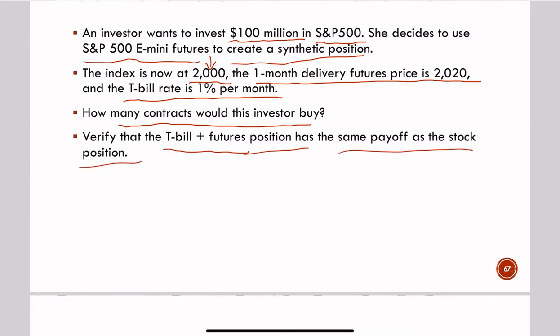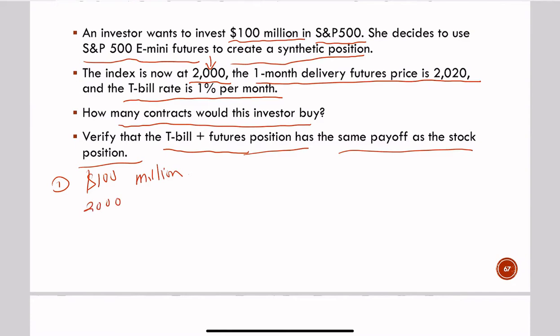So let's think about how we could solve the first problem. How many contracts would this investor buy? Well, as I said, this is a very simple question. If you want to invest $100 million, and you know that now the index futures price is 2000, right?